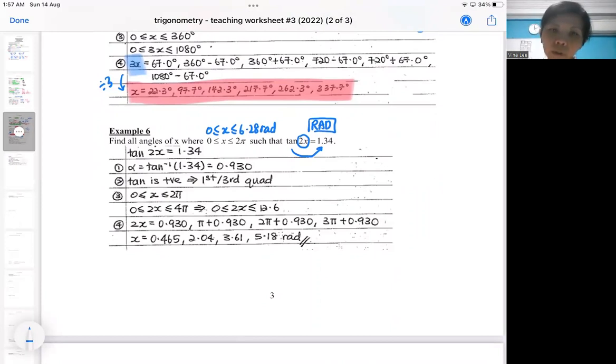Okay, so I execute my basic angle in the radian mode. I do my ASTC. I realize it's first and third quadrant. So where is my first and third quadrant? So it's alpha, pi plus alpha.